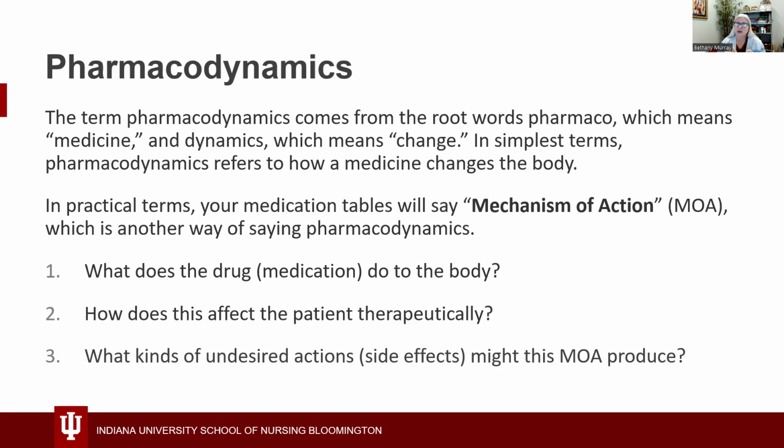And then lastly, once you understand the mechanism of action, how a drug works, you can predict the kind of side effects or adverse effects that it might produce. So for example, the one I just told you about, valproic acid, it inhibits that sodium transport. It also increases a neurotransmitter called GABA, which is a sedative neurotransmitter.